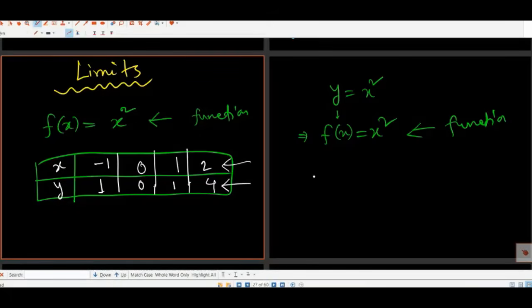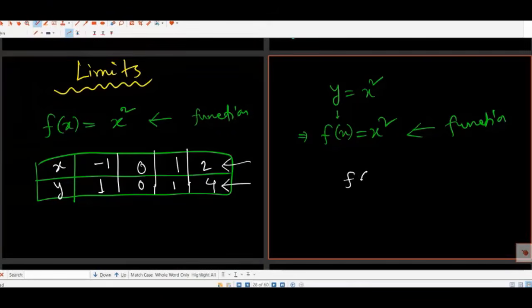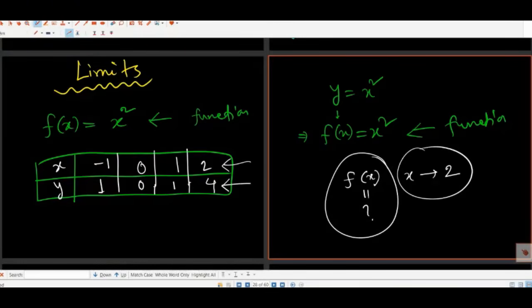The same thing can be thought of using the concept of limit. What is the value of f of x when x approaches 2? It is no doubt that f of x will be 4, because y equals f of x.